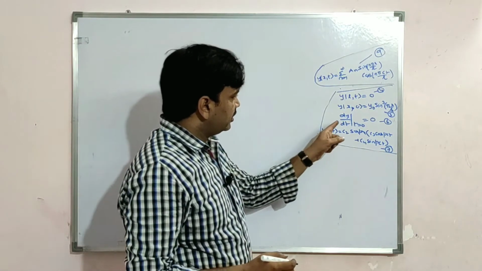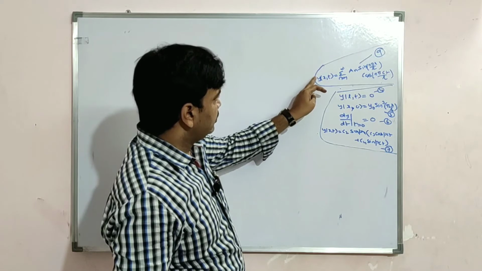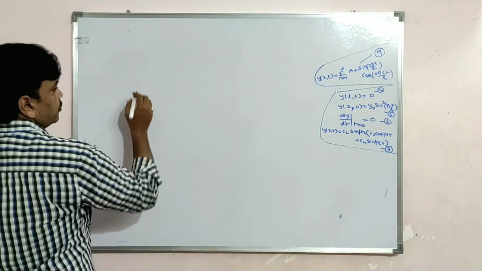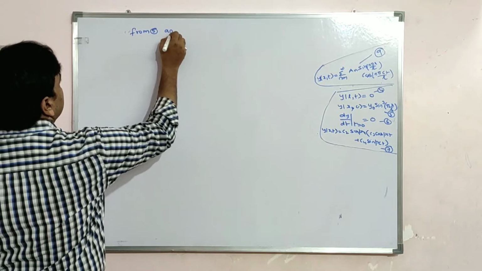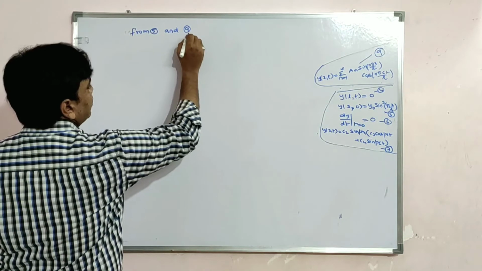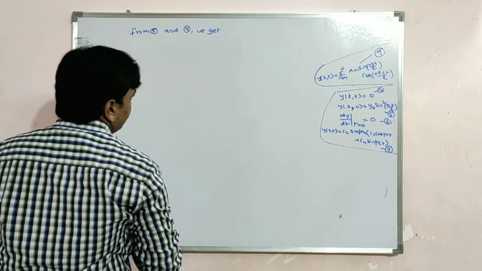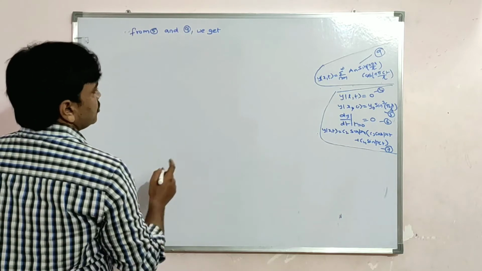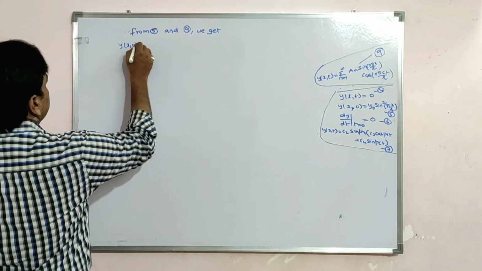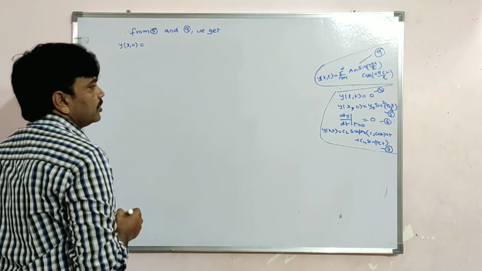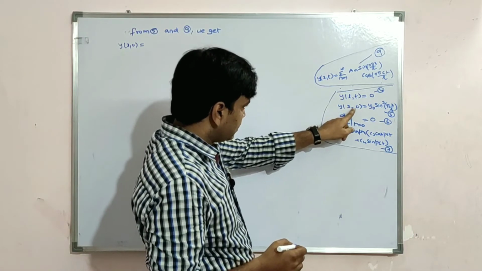Now we are applying condition 5 and solution 9, we are using these two. So from 5 and 9 we get, students, what is 5? y at x comma 0. So y at x comma 0 is equal to, I want to substitute t = 0, because y at x comma 0.